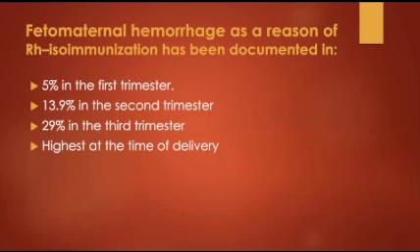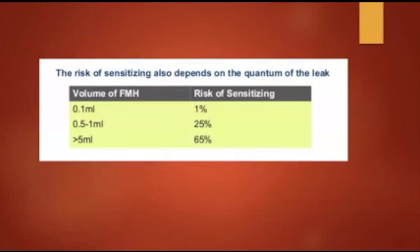So fetal-maternal hemorrhage as a reason of Rh immunization has been documented in 5% in the first trimester, 13% in the second trimester, 29% in the third trimester, and the highest, of course, at the time of delivery. The risk of sensitization also depends on the quantity of the leak.